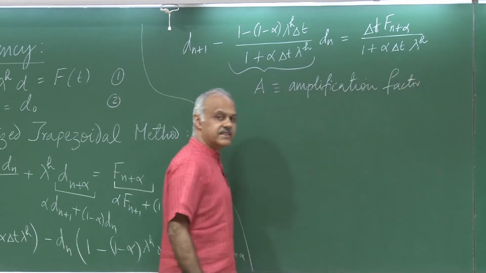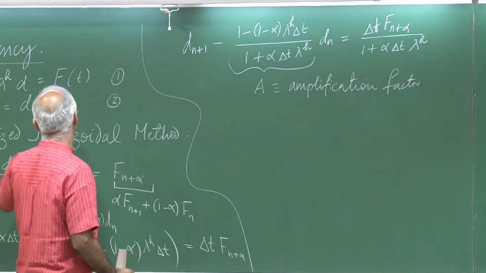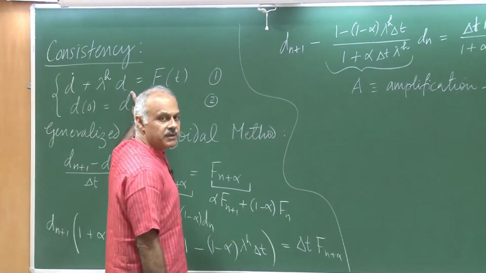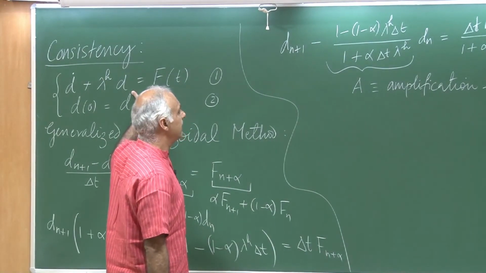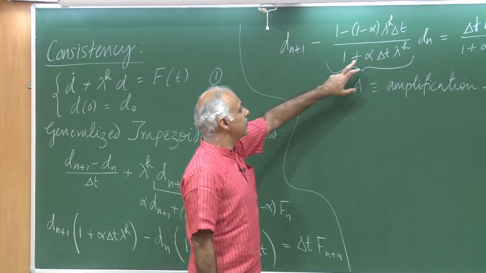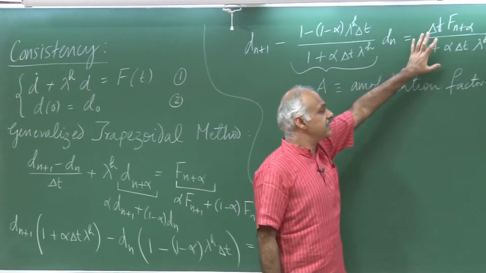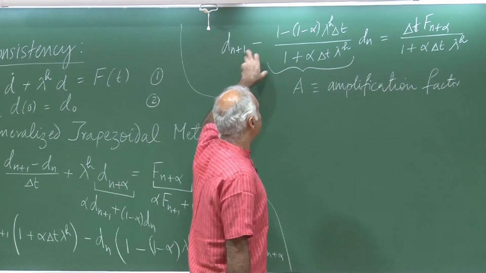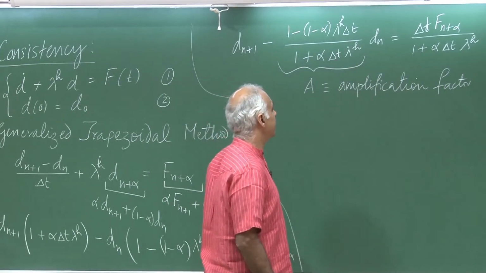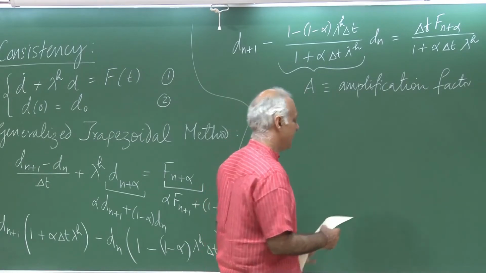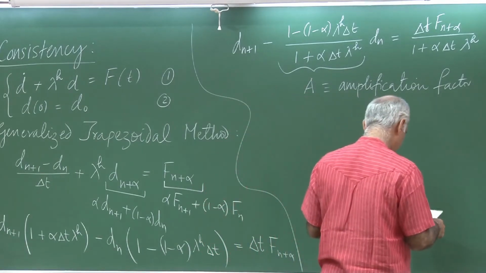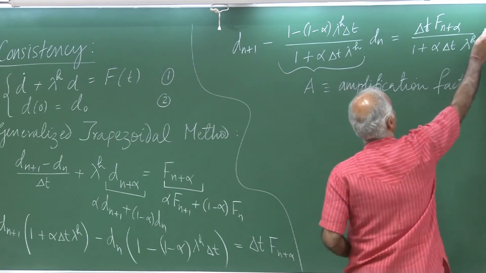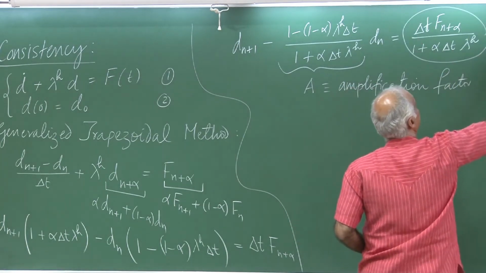In fact, in the last session we had considered the homogeneous problem d dot plus lambda d equal to 0, and there we got a similar equation where the right hand side did not exist and we simply had dn plus 1 is amplification times dn. So, that is this, and this quantity over here I am going to call this as Ln.